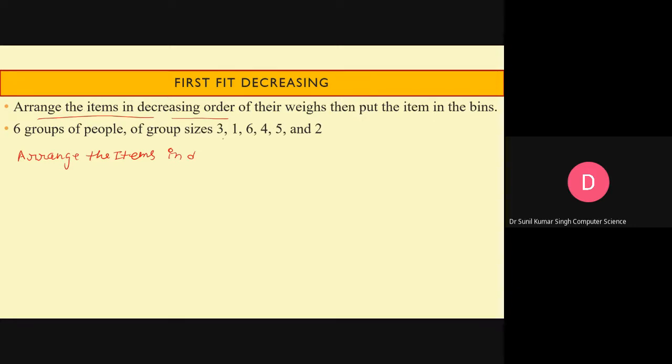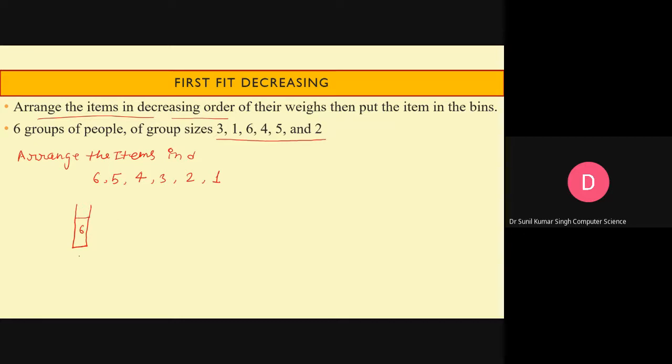So here, if we arrange them in decreasing order, the items are 6 and then 5 and then 4 and then after that 3, 2 and 1. Now let's add the bins. Initially we can put 6 here.